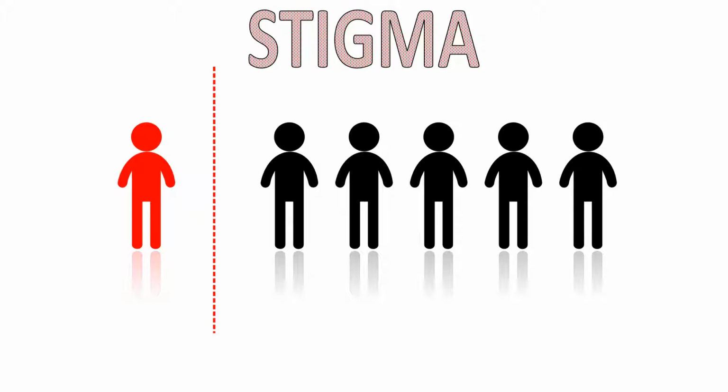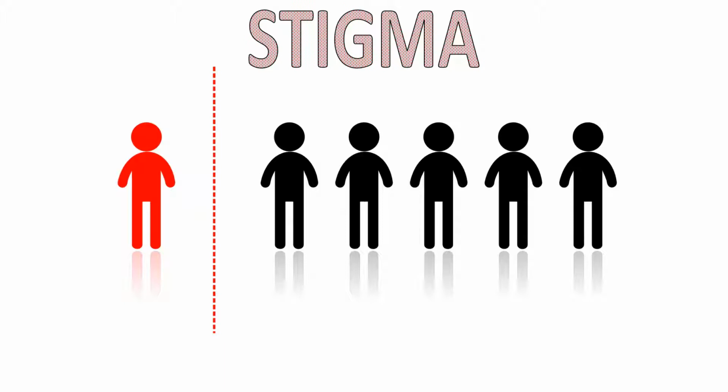So after people learn about the numerous negative health disparities that affect LGBT people as compared to non-LGBT people, the next logical question typically is why is that so? What are the reasons behind these health disparities among LGBT people? And really what it comes down to is stigma.